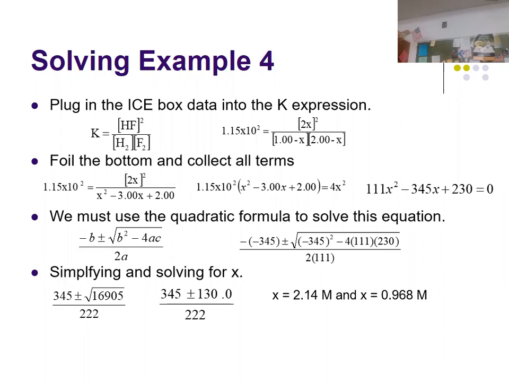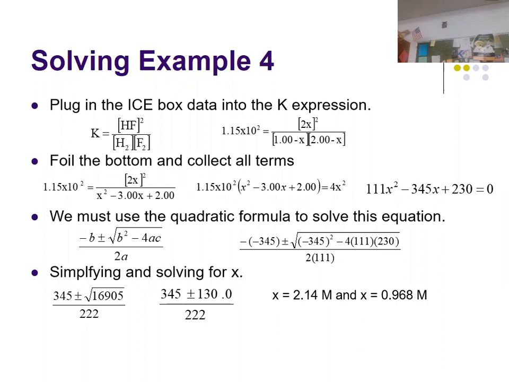Which one does not work? When this happens, you're going to get one answer that does not make sense every time. If you got one negative and one positive, naturally you can't have a negative concentration, so you would choose the positive one. But in this case, which one would you use?